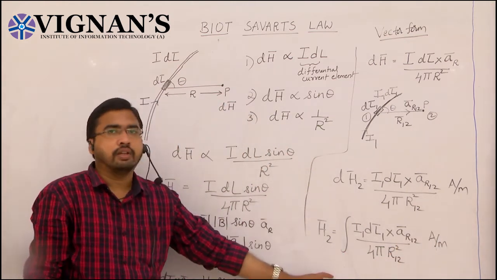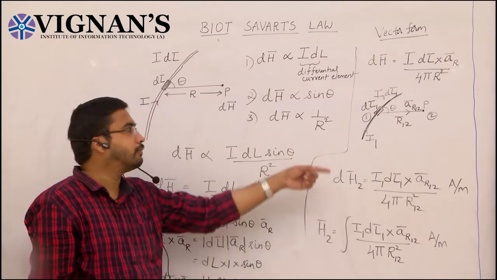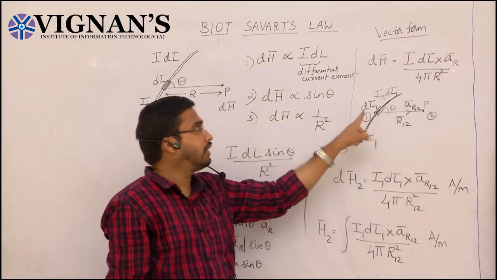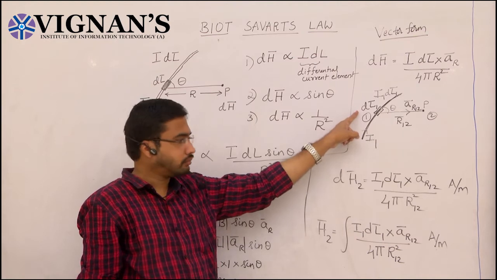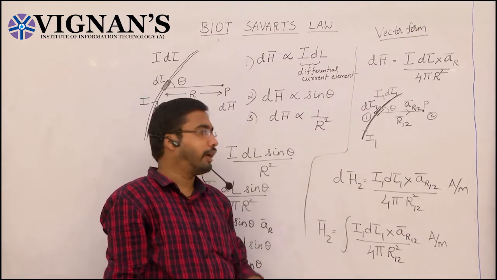So this is the complete magnetic field intensity at point 2 due to the differential current element at point 1. This is the vector form of Biot-Savart's law.